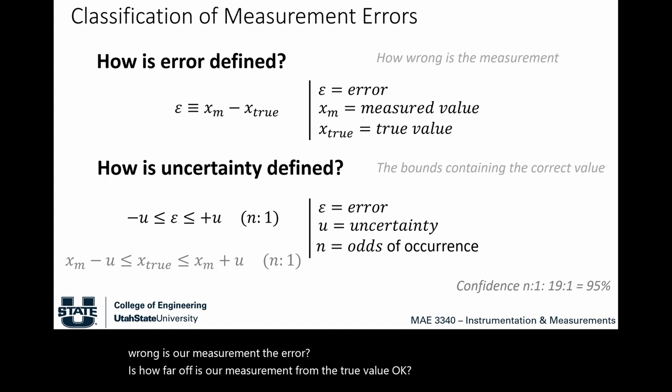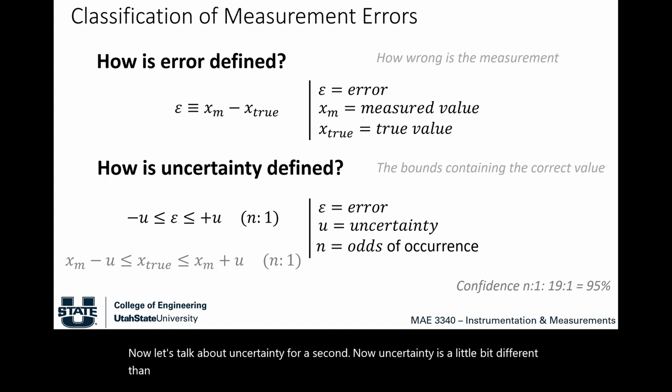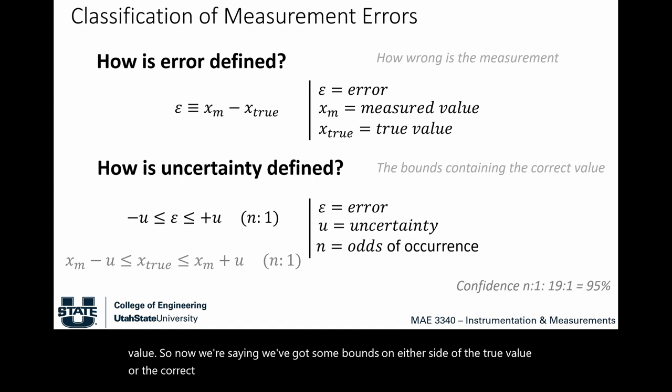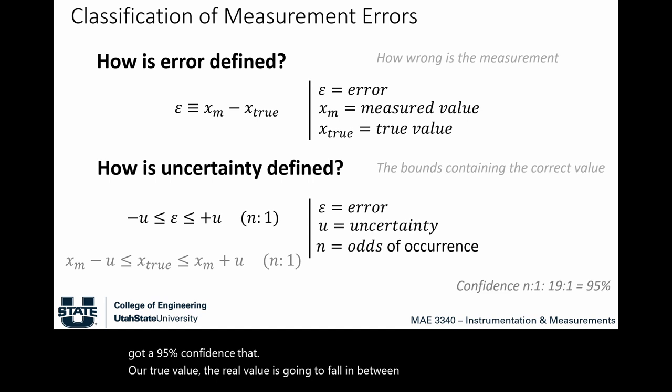Now let's talk about uncertainty for a second. Now uncertainty is a little bit different than error in that it defines the bounds that would contain the correct value. So now we're saying we've got some bounds on either side of the true value or the correct value. And if we have those bounds on either side and we say we've got a 95% confidence that our true value, the real value, is going to fall in between those 2 points.